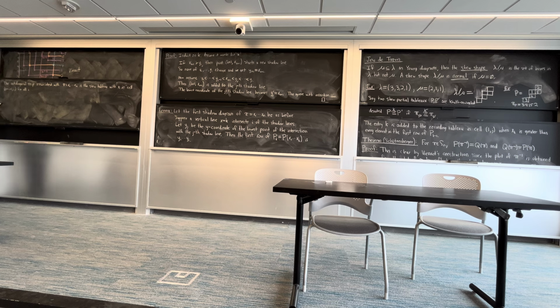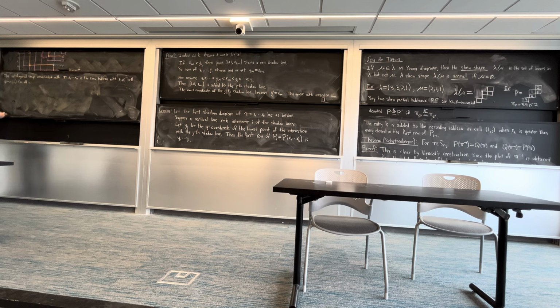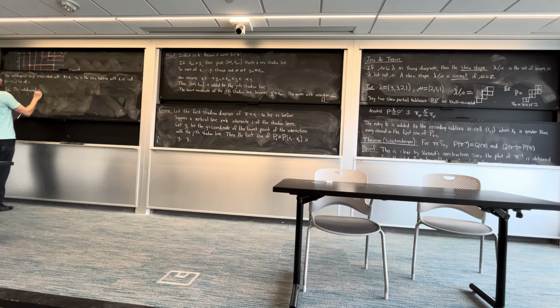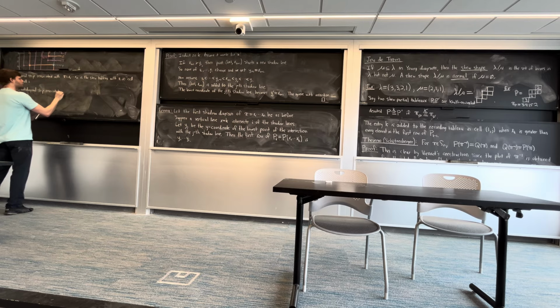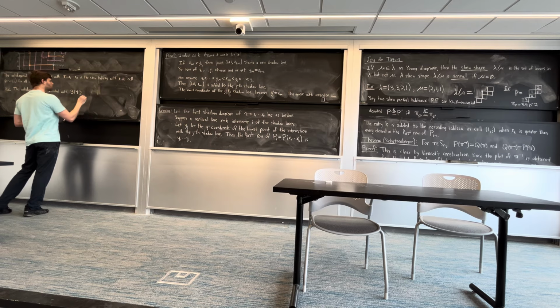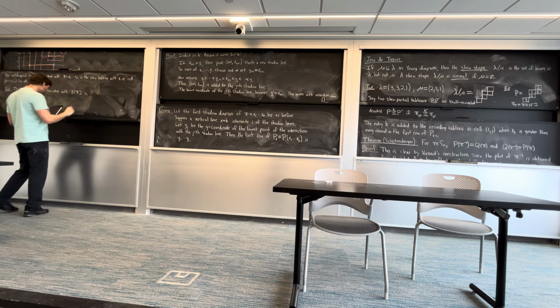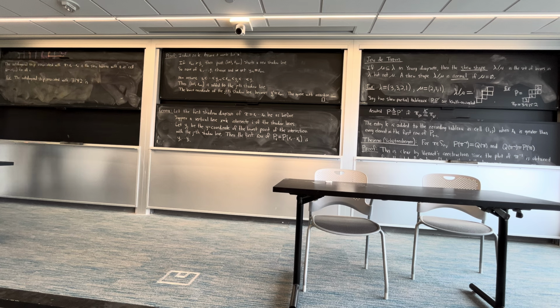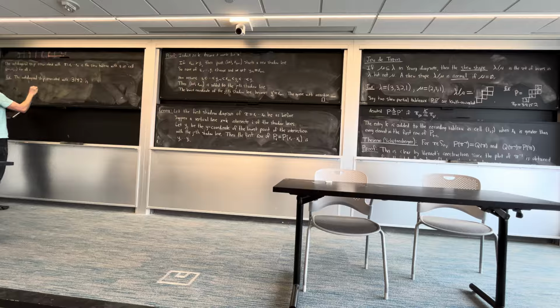So what this looks like is very simple. The anti-diagonal strip associated with, say, 3, 1, 4, 2 is, I just draw these boxes filled with, so I put a 3 here, and then here I put a 4, and then here I put a 1, and here I put a 2.